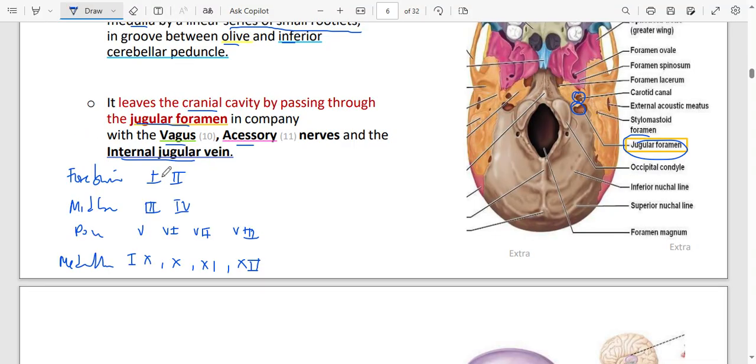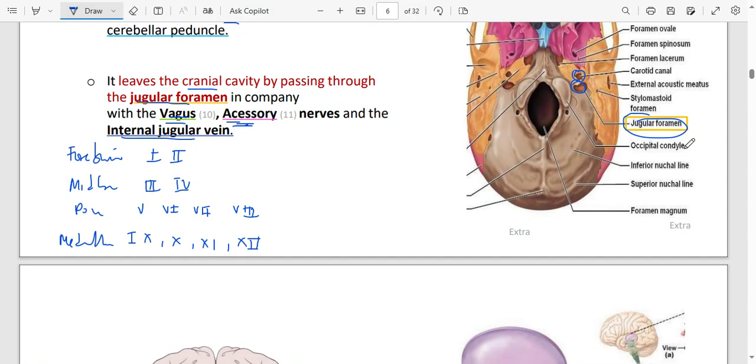So in the jugular foramen, you have got cranial nerve number 9, number 10, all right, and number 11. Number 12, which is the hypoglossal, has got its own canal, which we call the hypoglossal canal. That's where it will be able to exit from.